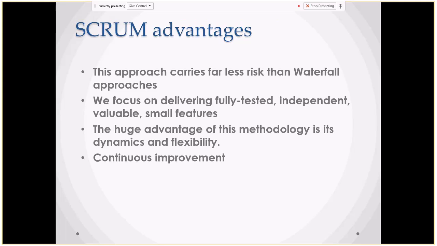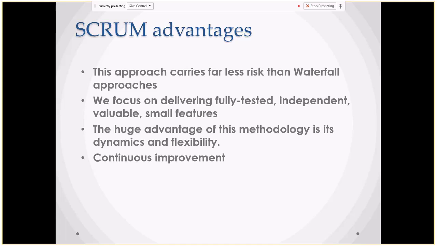Let's see why it is. We focus on delivering tested, independent, valuable, and small features. So in Scrum, we have iterations. Within a particular iteration, you would deliver something that is testable, that is acceptable, and can even be tested by the client itself. So we are not delivering everything together. We'll be delivering feature by feature.